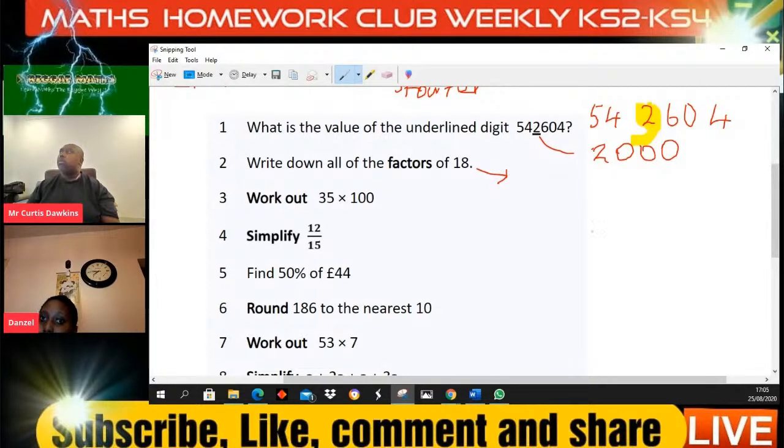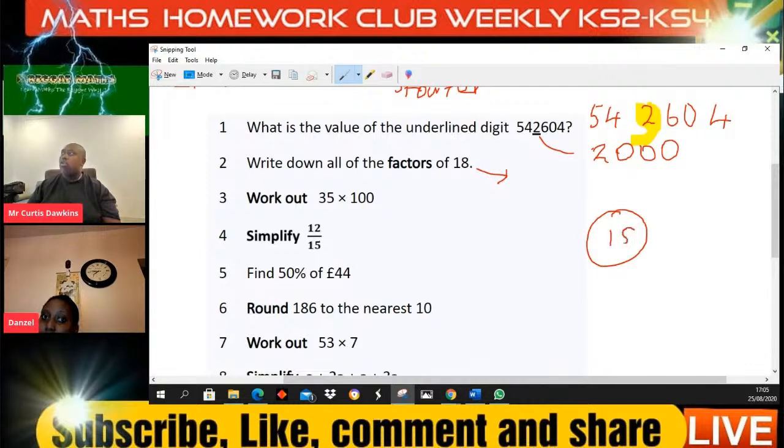Now, do you understand what it means by factors? What are the factors of 18? That is all the numbers that can go into 18.